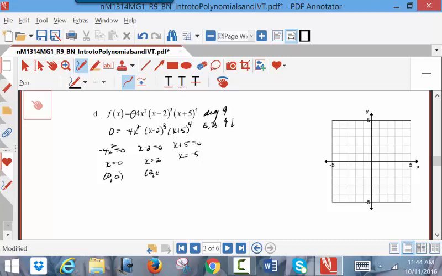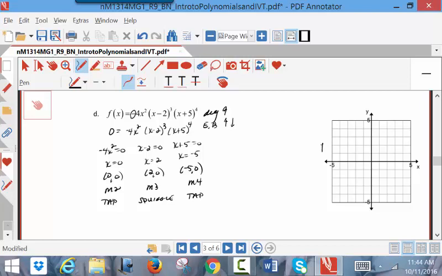You've got to find multiplicity now in order to know the behavior at the zeros. So this is a multiplicity of 2, which means to tap, bounce off of it, touch. This is a multiplicity 3, which is to squiggle. And the negative 5 is a multiplicity 4, which is even, so back to tapping.